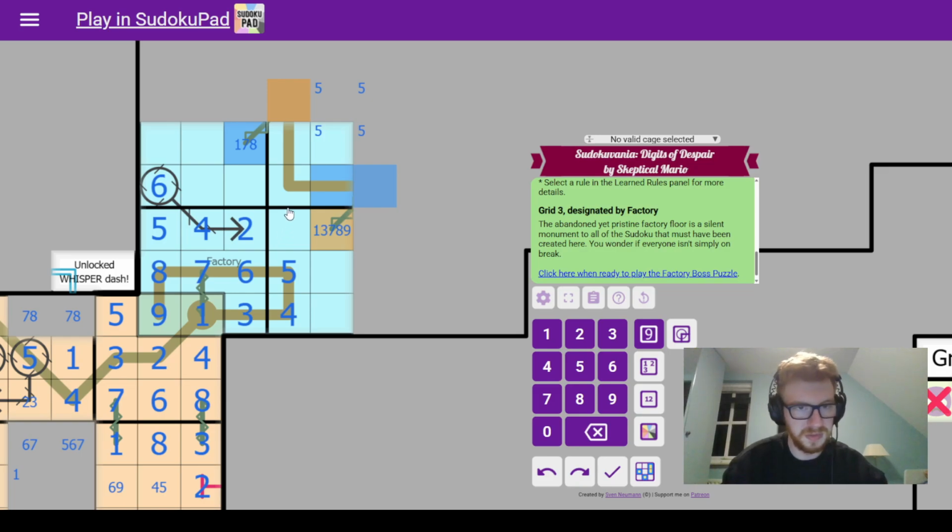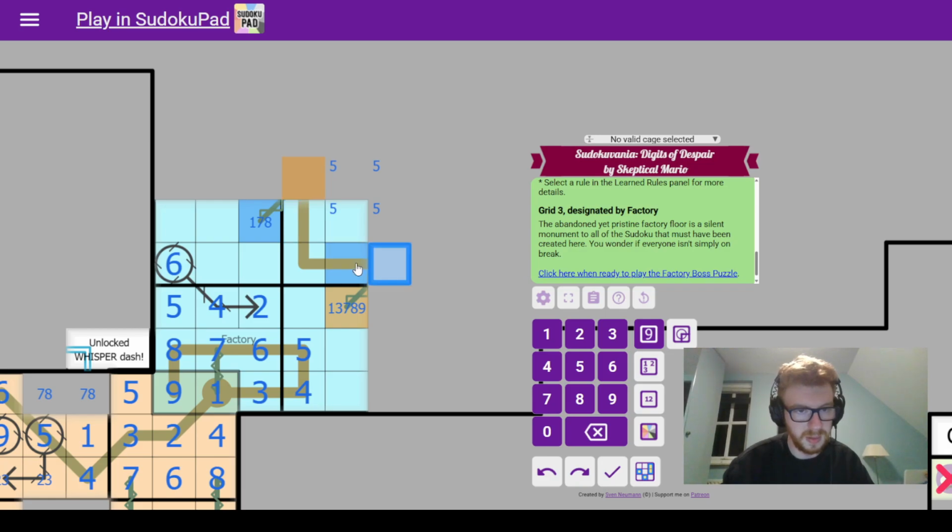Oh no, there's disjoint sets as well. No, I don't think that's going to happen. Two's 2. One of those is 2. I looked at that already, but I feel like there must be something. If that's a 3, that's an 8 or 9, and this decreases.